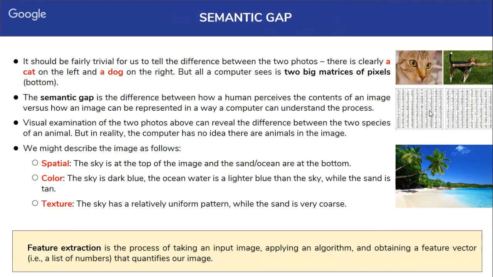But in the case of a machine, we are representing the image as a 2D matrix. So how will the machine be capable of classifying those objects? That is the reason there is a gap between how we perceive images and the machine representation. To fill this gap, we go for feature extraction techniques. We may extract spatial features, or color, or texture, or a combination of hybrid features.